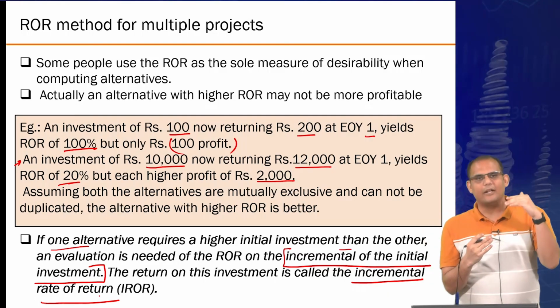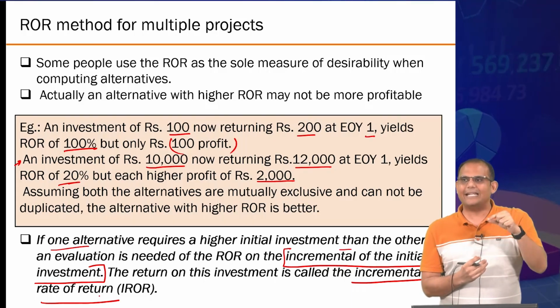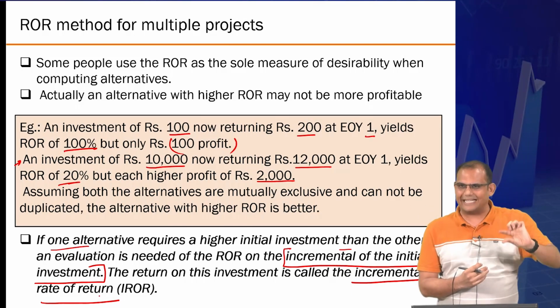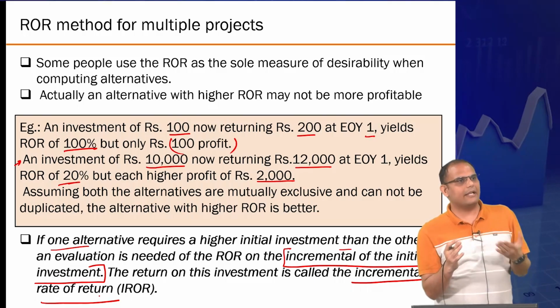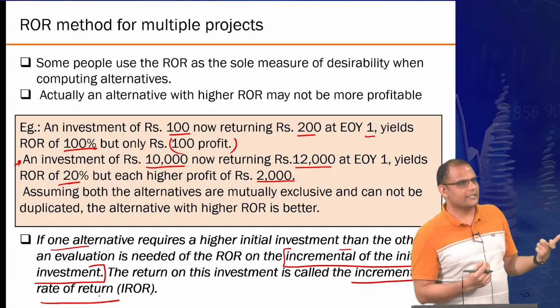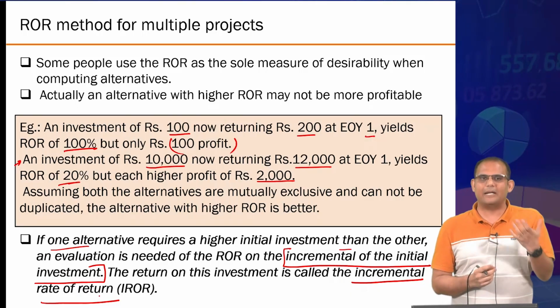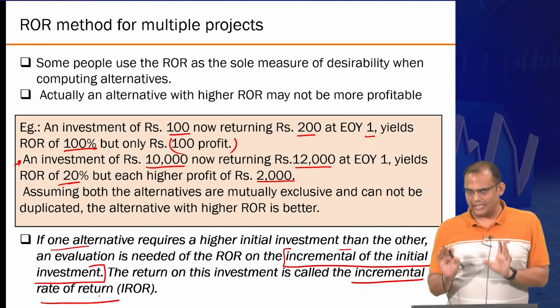If you take the difference of alternative 2 versus alternative 1 in the cash flow, you will see how much extra revenue you are generating for the extra cost, the incremental cost that you have put, right? Once you have generated such an incremental cash flow series, you can also make a judgment whether that increment is actually beneficial for you or not. Let me give you an example.